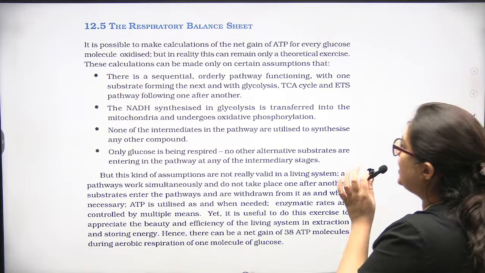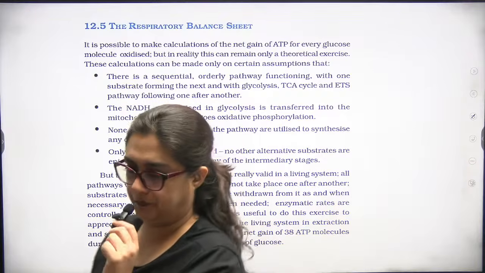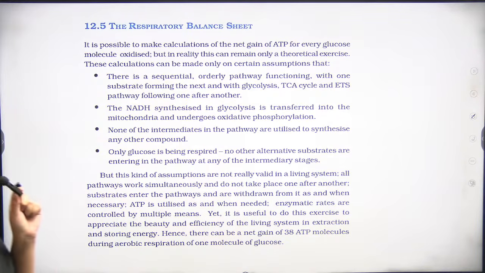The respiratory balance sheet. What do you mean by this respiratory balance sheet? It is possible to make calculations of the net gain of ATP.